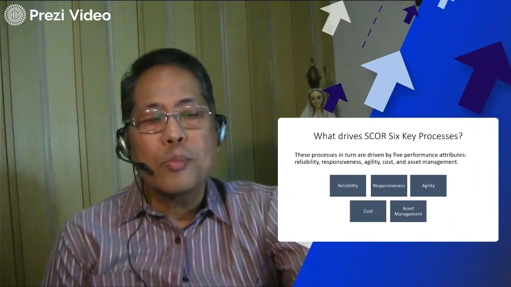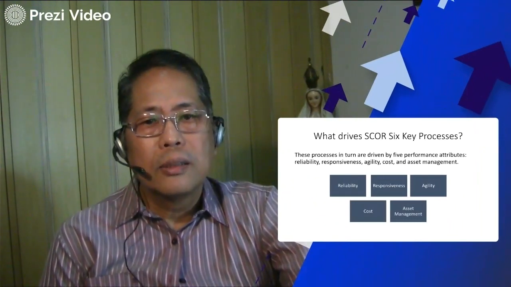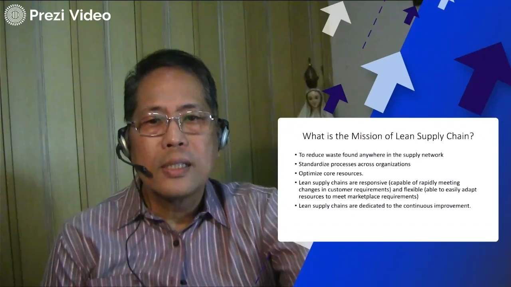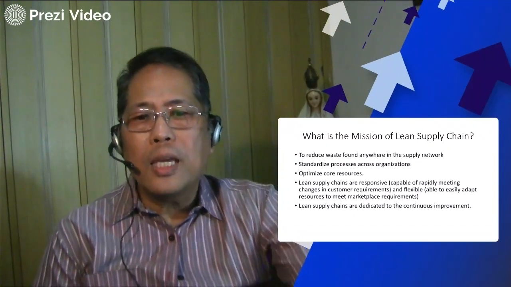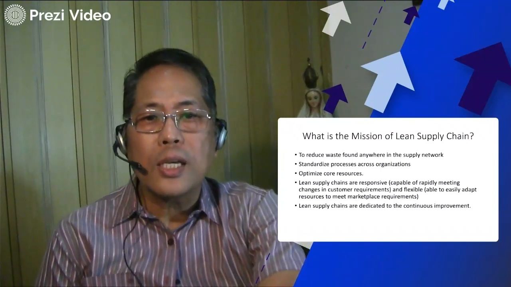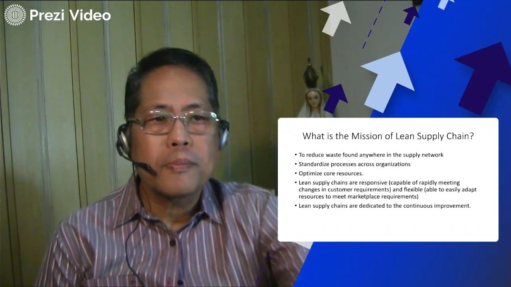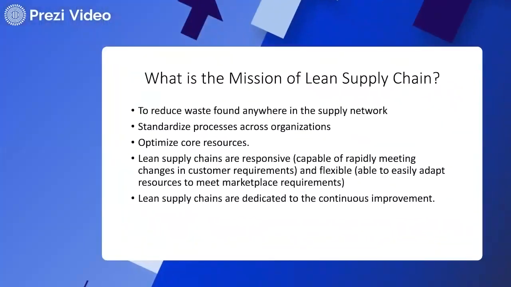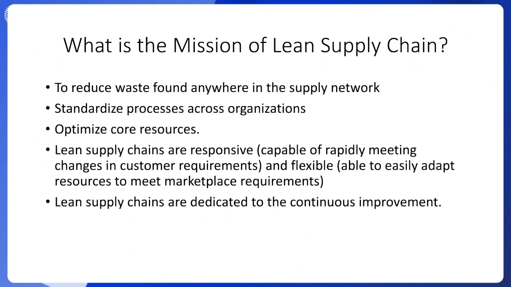Another important supply chain model that needs to be discussed involves the blending of the lean concept and practices with SCM. The mission of a lean supply chain is to reduce waste found anywhere in the supply network, standardize processes across organizations, and optimize core resources.